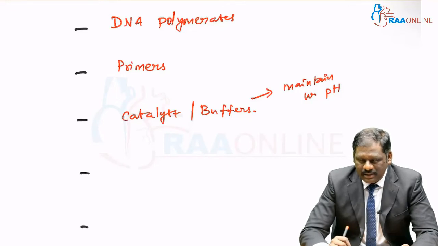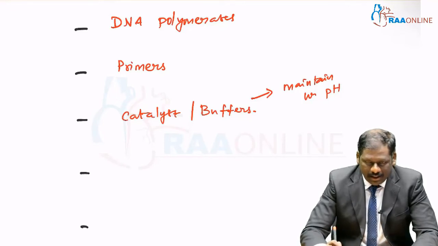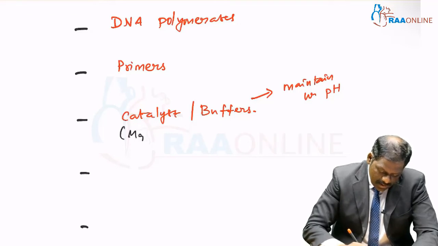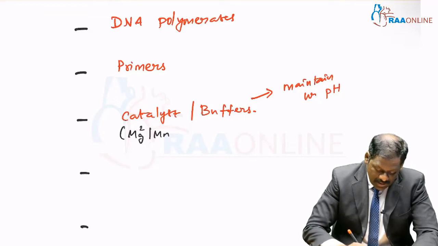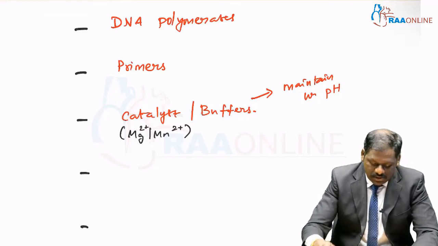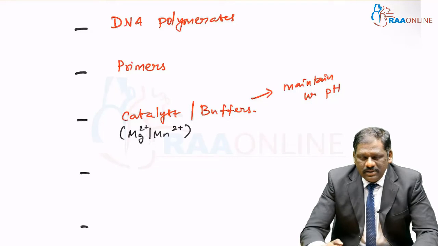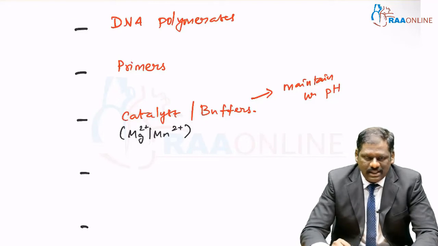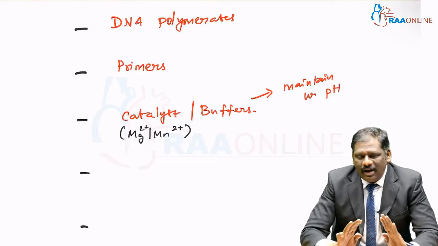The optimal pH will be maintained. The catalyst will usually be magnesium or manganese, magnesium ions or manganese ions. This will be your catalyst for the formation of a new DNA strand.